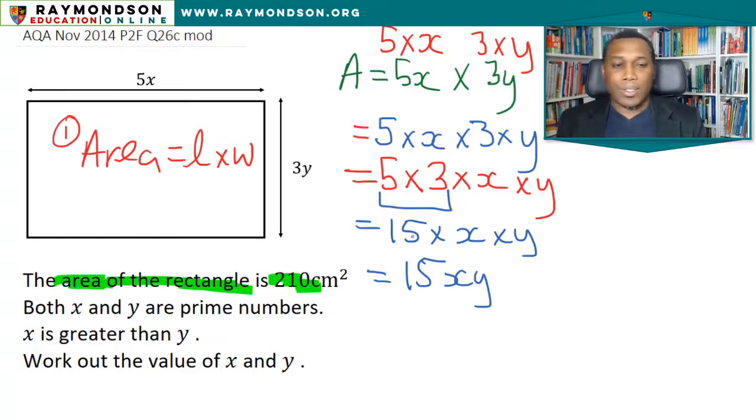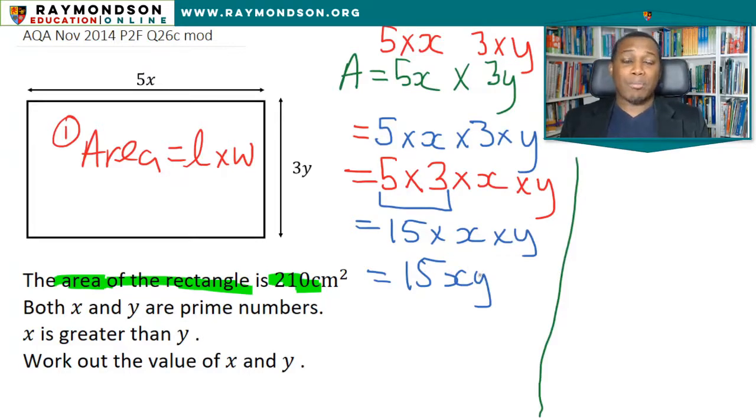What we want next is 15 multiplied by x multiplied by y. Well, we were told that the area is 210. So the next piece of this puzzle is, when I do 15 times x times y, what am I supposed to get? 210.